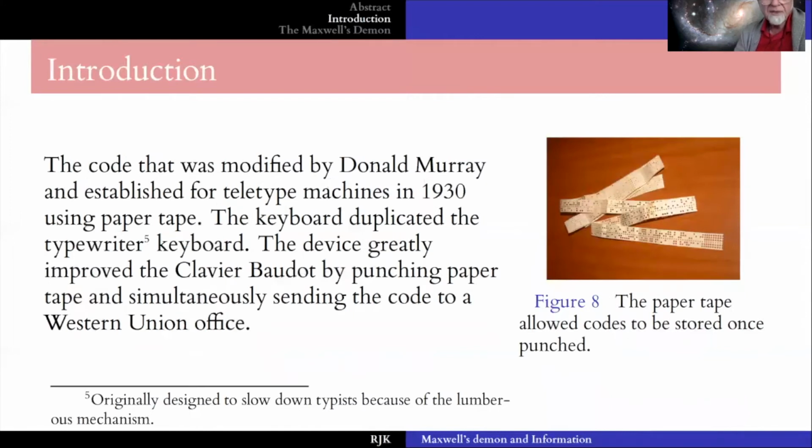That code was later modified by Donald Murray, established for teletype machines in 1930 using paper tape. And the picture on the right shows a 5-bit paper tape as they were used in 1930.